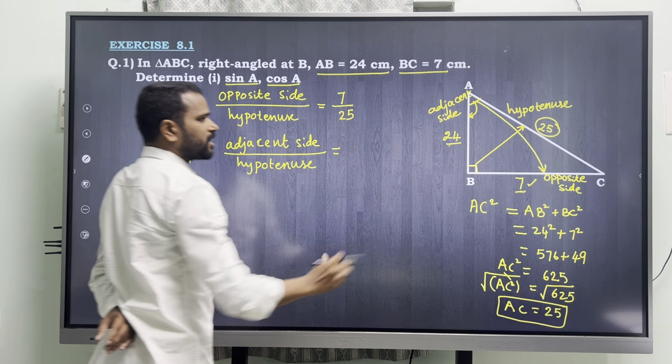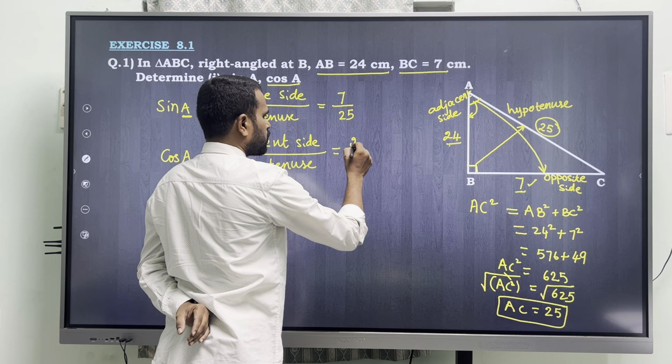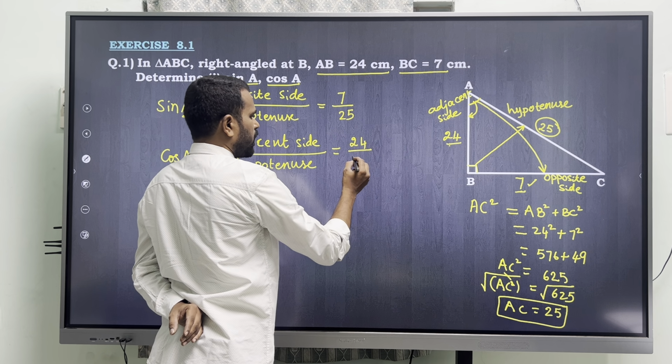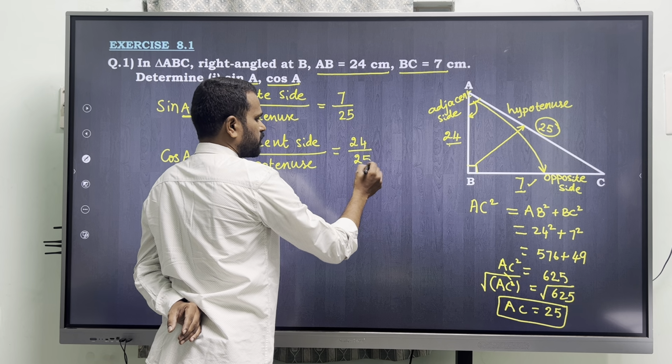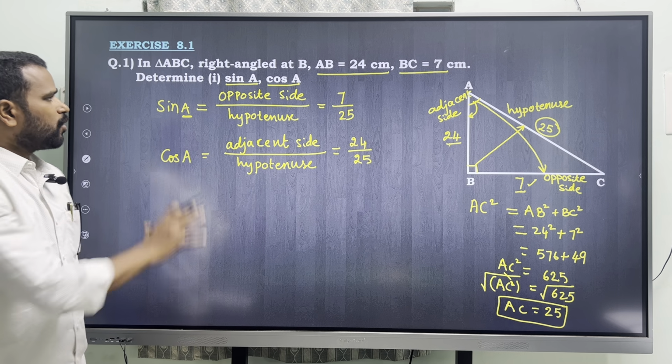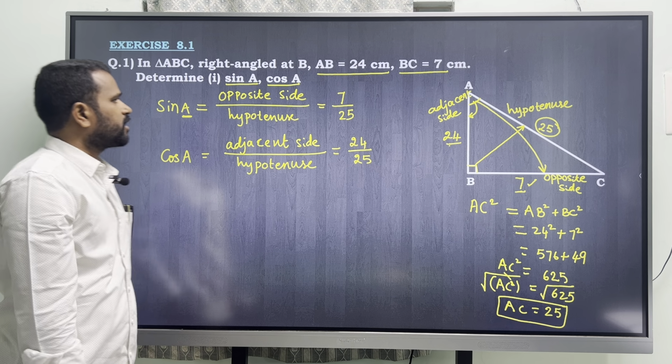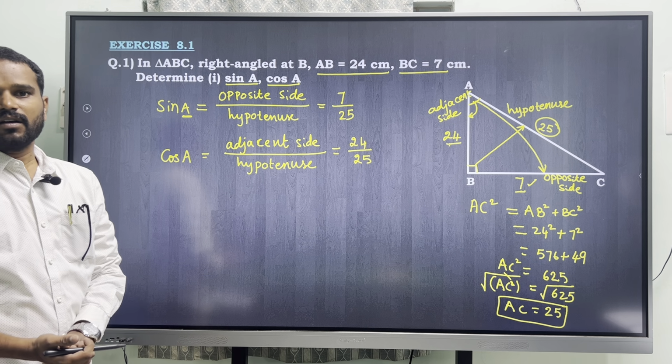So what is the adjacent side? 24, by hypotenuse 25. This is how we find the trigonometric ratios when the lengths are given.